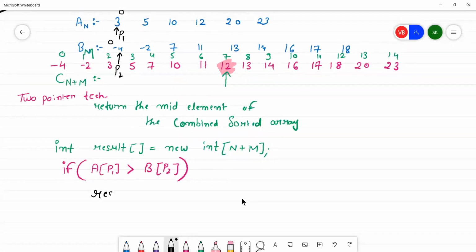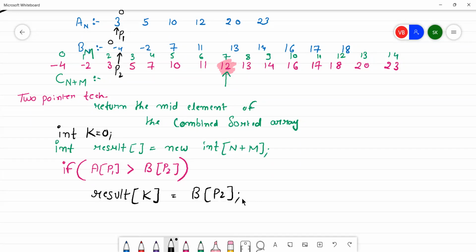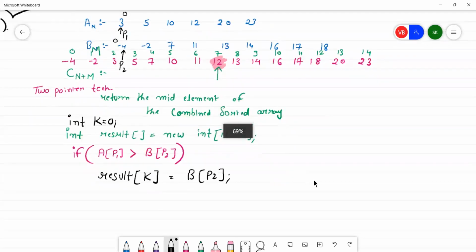So you can take another variable. I will say k equals 0, which denotes the indexing of the result array, okay? And I will write here result of k equals B array of P2. Is everyone clear with this particular statement? Yes, no?